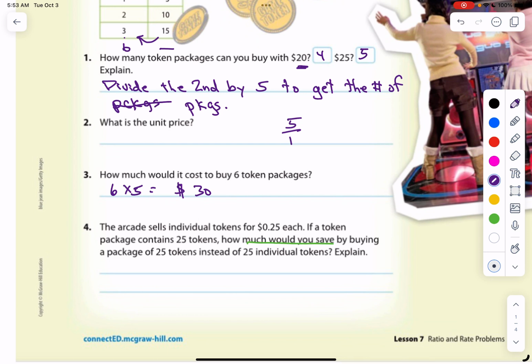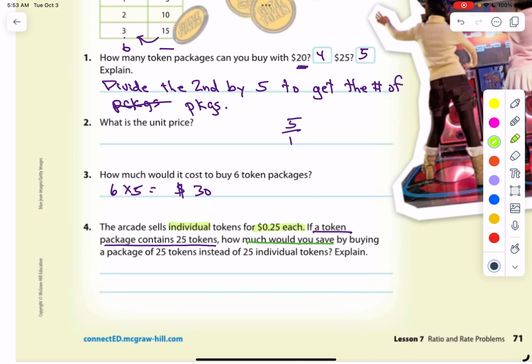Number 4, the arcade sells individual tokens for 25 cents each. Individual. If a token package contains 25 tokens, that's important information. A token package contains 25 tokens. How much would you save?